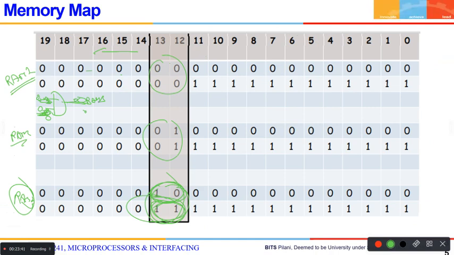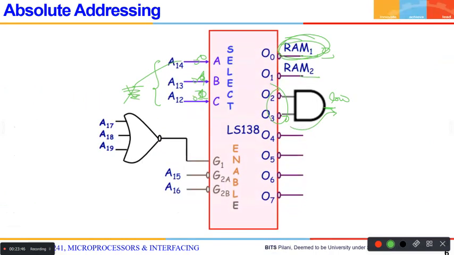Okay. Now tell me, how do you select even and odd? So this will go to RAM3. This will go to RAM1, RAM2, RAM3. So how do you select even and odd? How do you generate? You are supposed to generate two chip selects here. This will select only RAM1, right? But how do you separate even and odd?